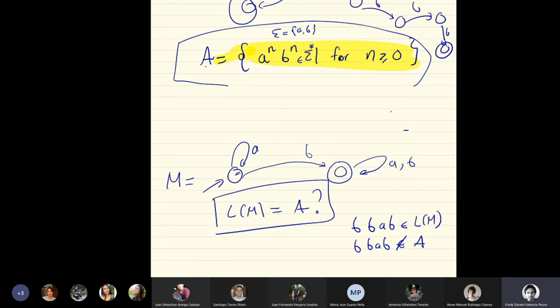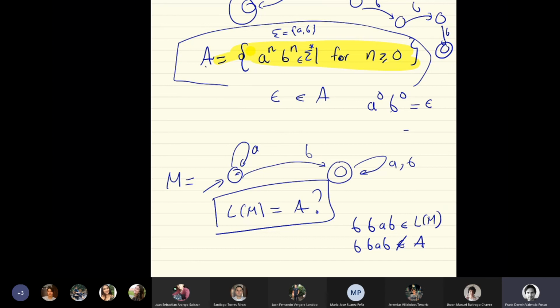It is not quite a subset, Jeremias, but only because n is greater or equal than 0. That means that the empty string belongs to A, the string of the form A to the 0, B to the 0.